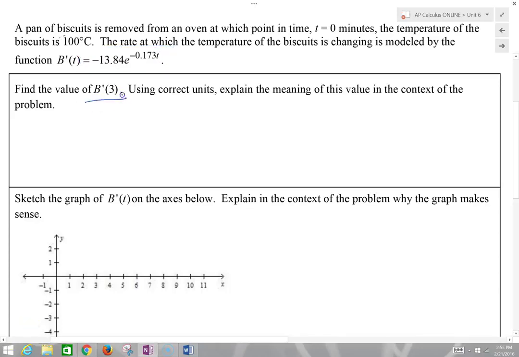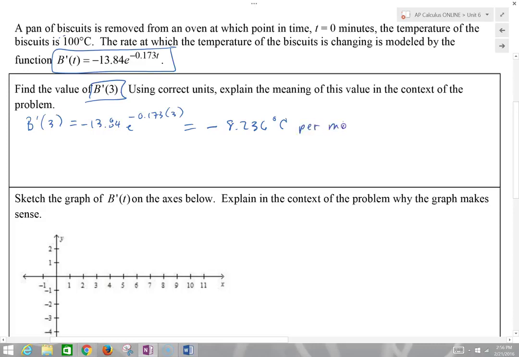So we're asked to find the rate of change at 3, and we have the equation, so we need b prime of 3, which is equal to negative 13.84 e to the negative 0.173 times 3, and we put that in the calculator, and we will get negative 8.236 degrees Celsius per minute. So what does this number represent?